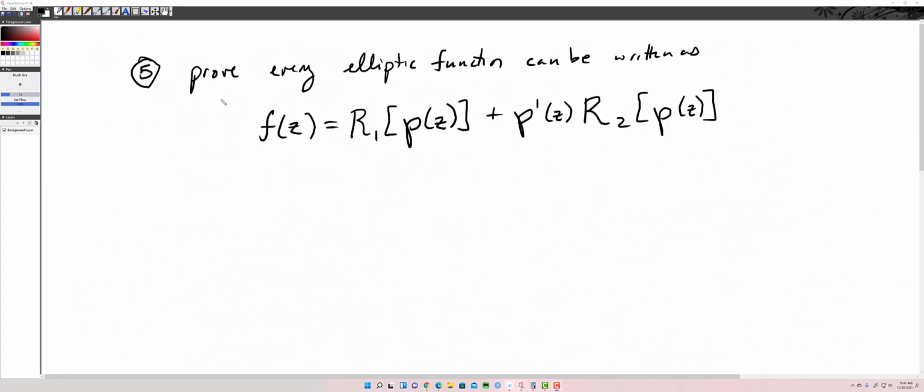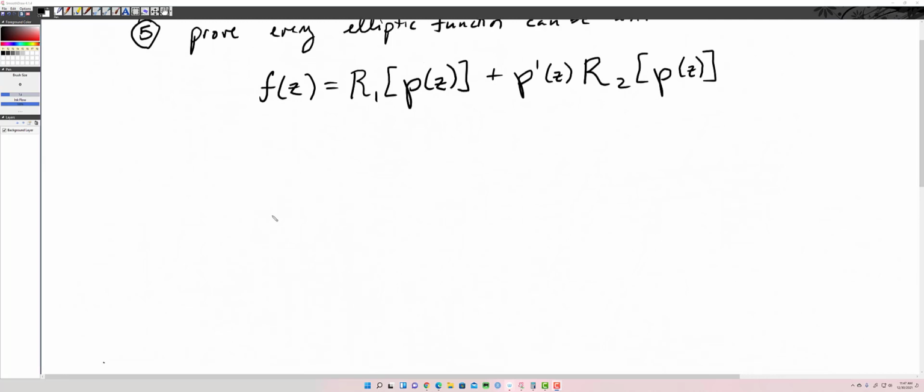Okay, so number 5 is prove that every elliptic function can be written as some rational function of P of z plus some rational function of P of z times P of z's derivative. Now, what we need for this is a lemma.